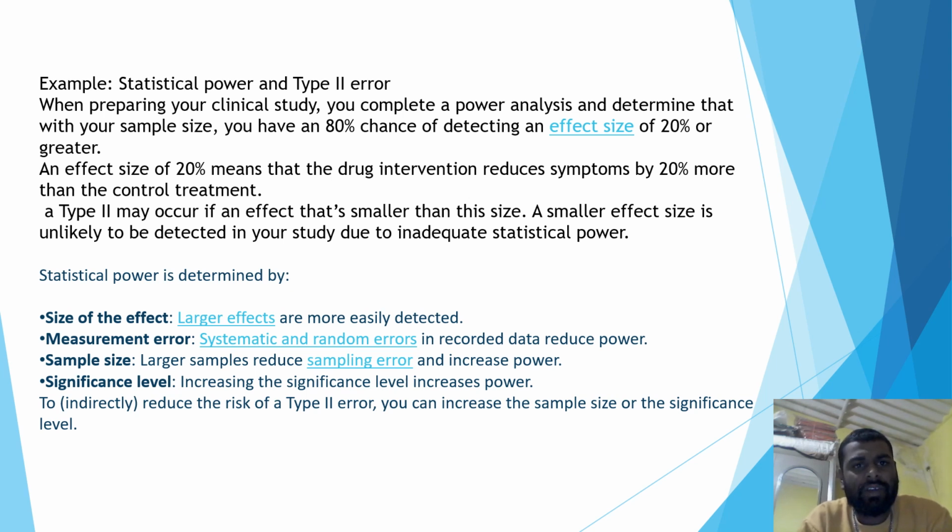When preparing your clinical study, you complete a power analysis and determine that with your sample size, you have an 80% chance of detecting an effect size of 20%, meaning a drug intervention that reduces symptoms by 20% more than the control treatment. A type 2 error may occur if your effect is smaller than this size.